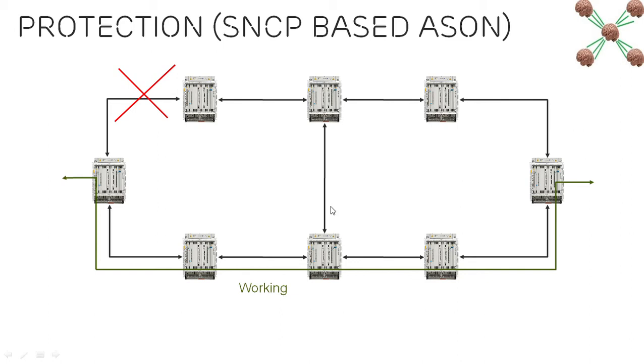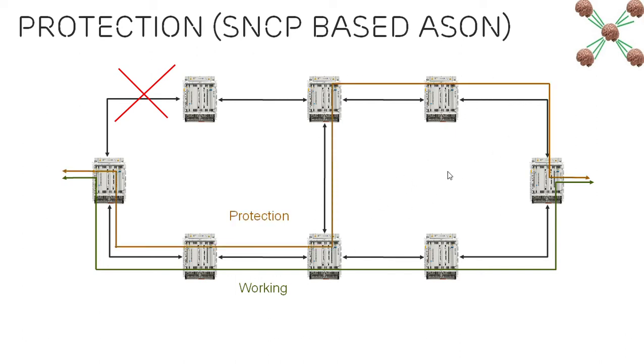As you can see, this part has no protection available because it is now a linear path, since the other side is missing. But for this ring we still have one more path available. So ASON will make a protection, and it will protect at least this part of your network now.